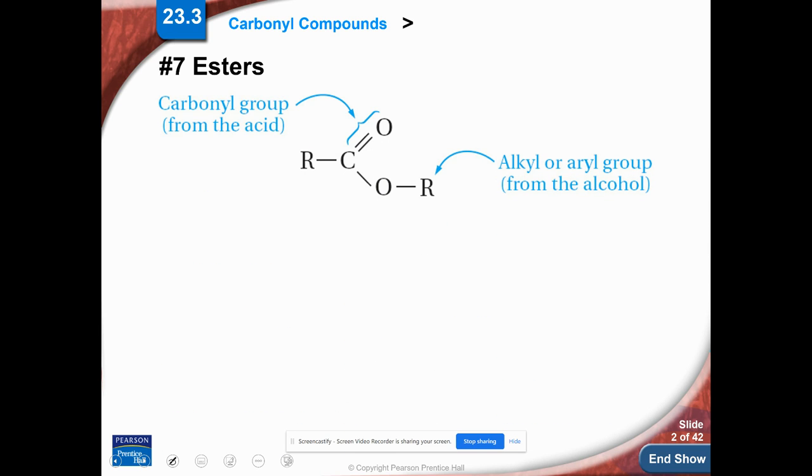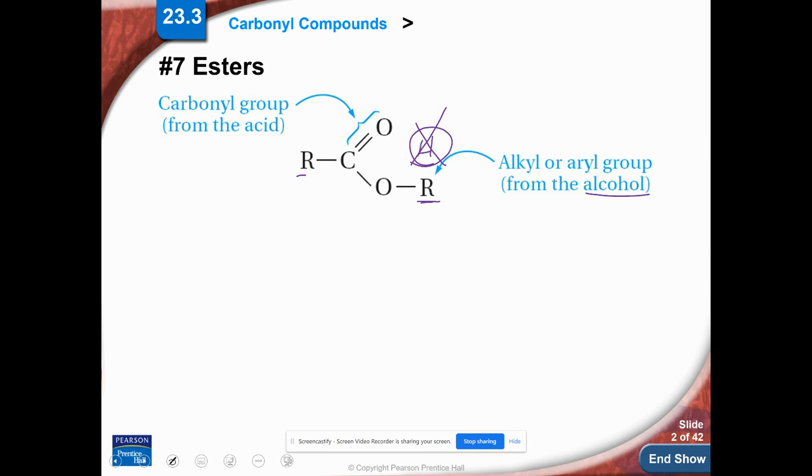So this is what an ester looks like, our functional group. We've got that carbonyl group and we have that carbon chain. Notice it looks very similar to our organic acid, but there's no H here. We lose the H and we attach an R, another carbon group, and this is going to come from an alcohol.